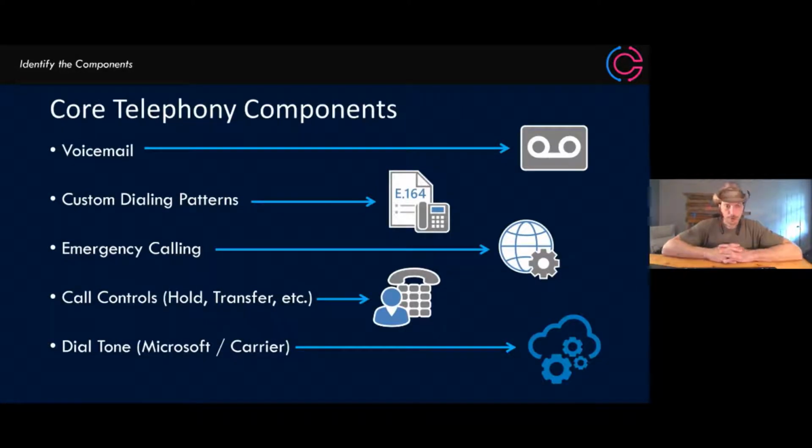Core telephony components. So stepping aside from the software side of it and the hardware side of it, what are some basic telephony things that you need to make sure that you're accounting for and baking into these plans and designing these call flows? One, how does voicemail fit into this? In the Microsoft world, that is now Azure Voicemail. There are many types of third-party voicemail systems.